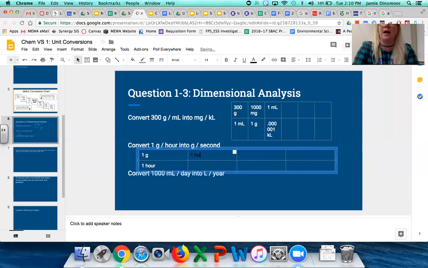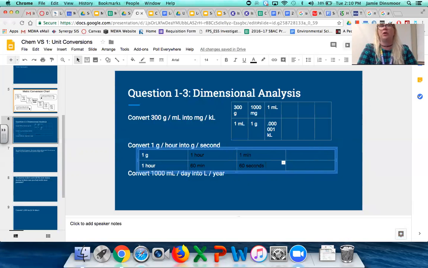So we know that in 1 hour, remember I'm putting hour on the top because I want to be able to cancel my units out, has 60 minutes. And then what do we know about the relationship between minutes and seconds? One minute has 60 seconds. Right? So that's a conversion that we could already know.